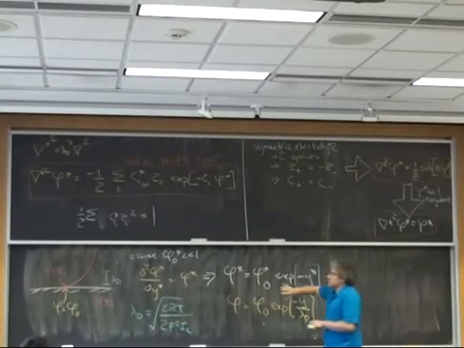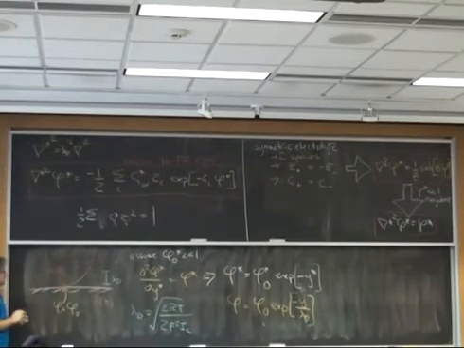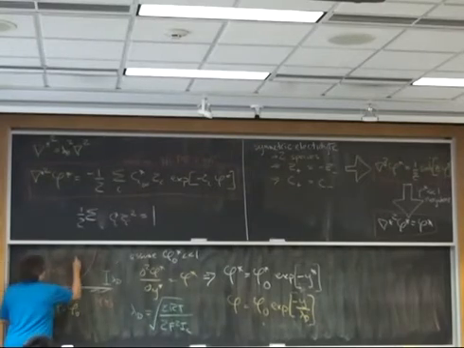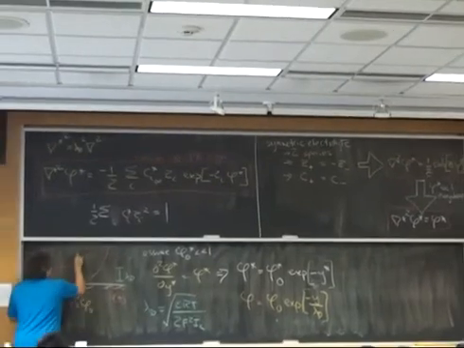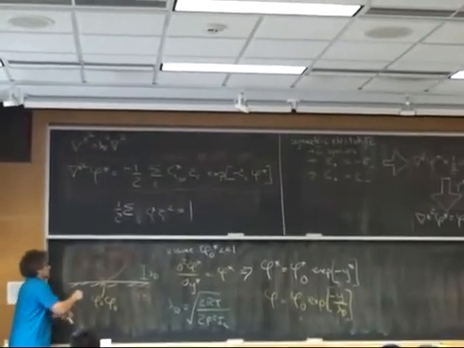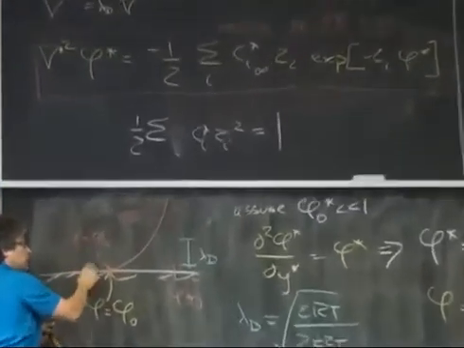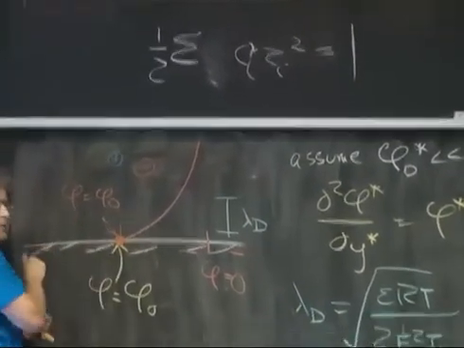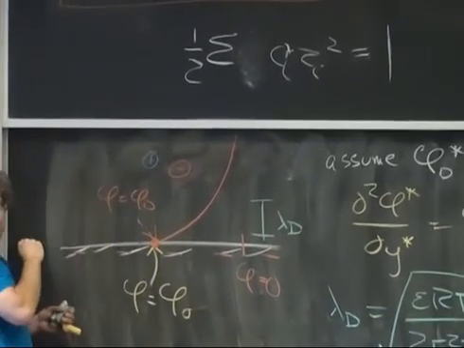Diffusion, right? This potential distribution is all happening because every ion in the system has some decisions to make. If I have a negatively charged wall, if I have a negative ion here and a positive ion here, this positive ion is attracted to the wall, but as it's attracted to the wall, the concentration of positive ions gets big near the wall, and therefore there's a diffusive term away.